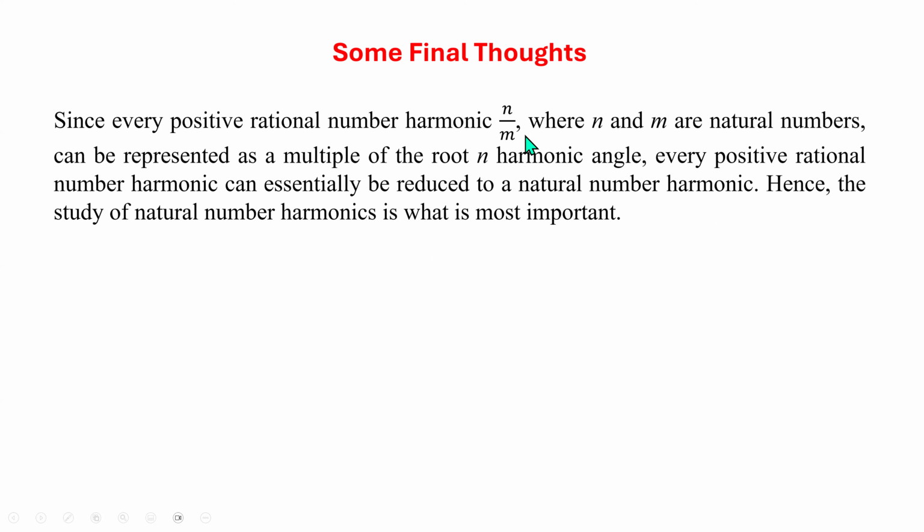And since every positive rational number harmonic, n over m, where n and m are natural numbers, can be represented as a multiple of the root n harmonic, every positive rational number harmonic can essentially be reduced to a natural number harmonic. Hence, the study of natural number harmonics is what is most important.